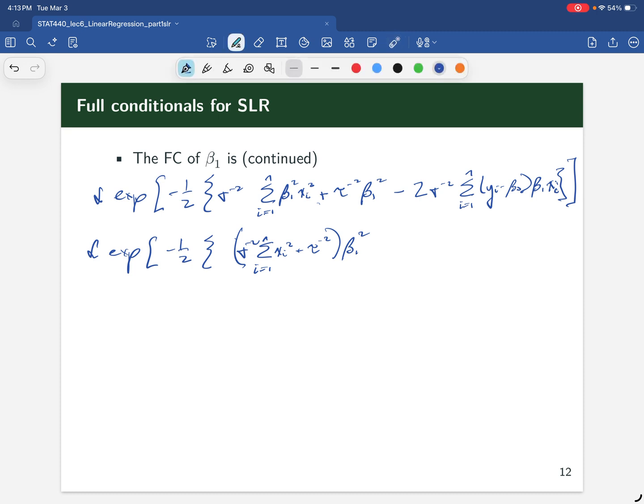And what I end up with is minus 2 sigma to the negative 2 sum i equals 1 to n of yi minus beta naught xi, that whole thing times beta 1.